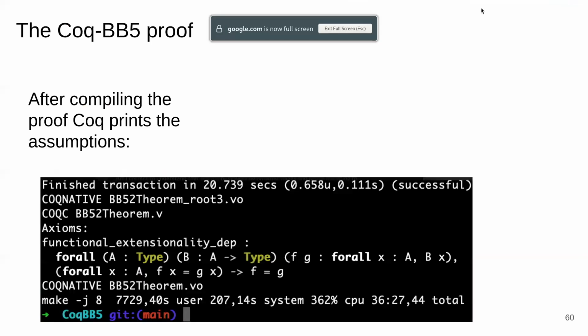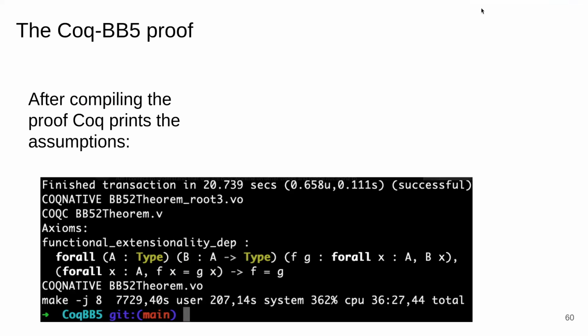To go very quickly, when you compile it, it will tell you the assumptions that are used. So you can see that in 36 minutes, it enumerates all Turing machines, runs all the algorithms on them, and agrees that it returns the right value of the fifth Busy Beaver number.